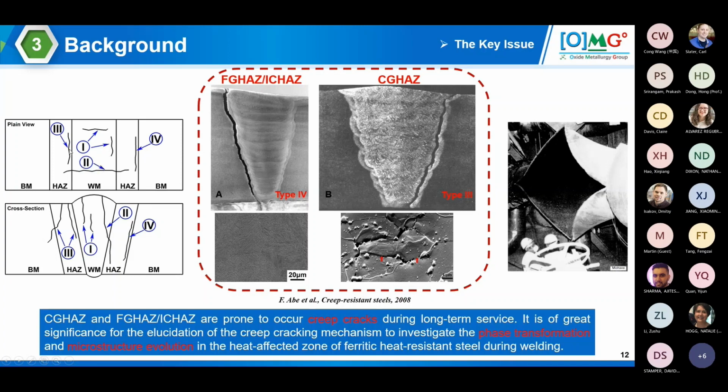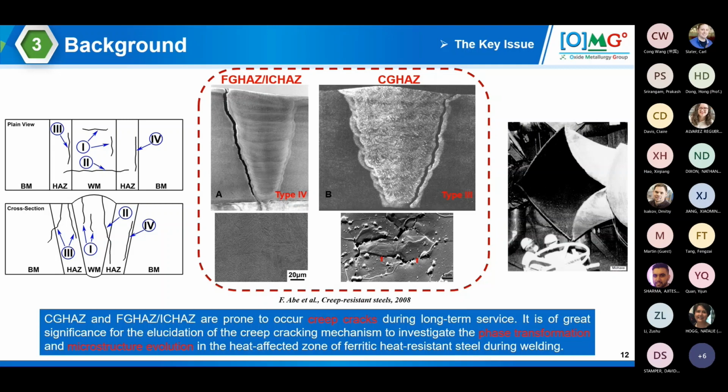And then type 2, type 3, and type 4. For now, type 4 cracks are the most challenging one because they are elusive. It's not so easy to identify them, and also not so easy to associate their appearance with the final mechanical properties.